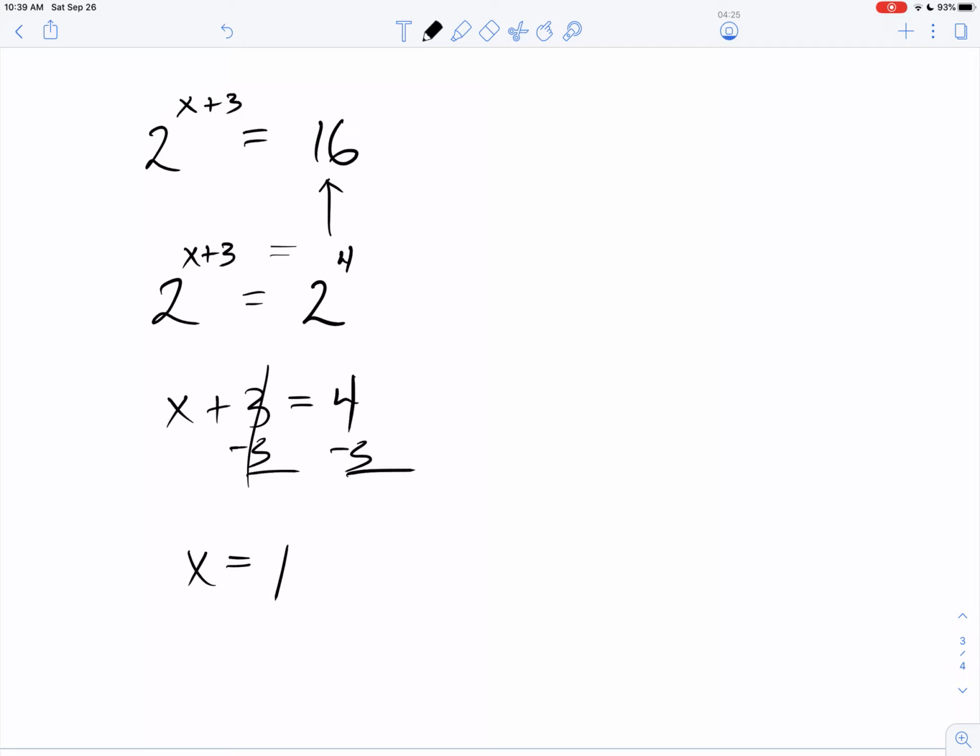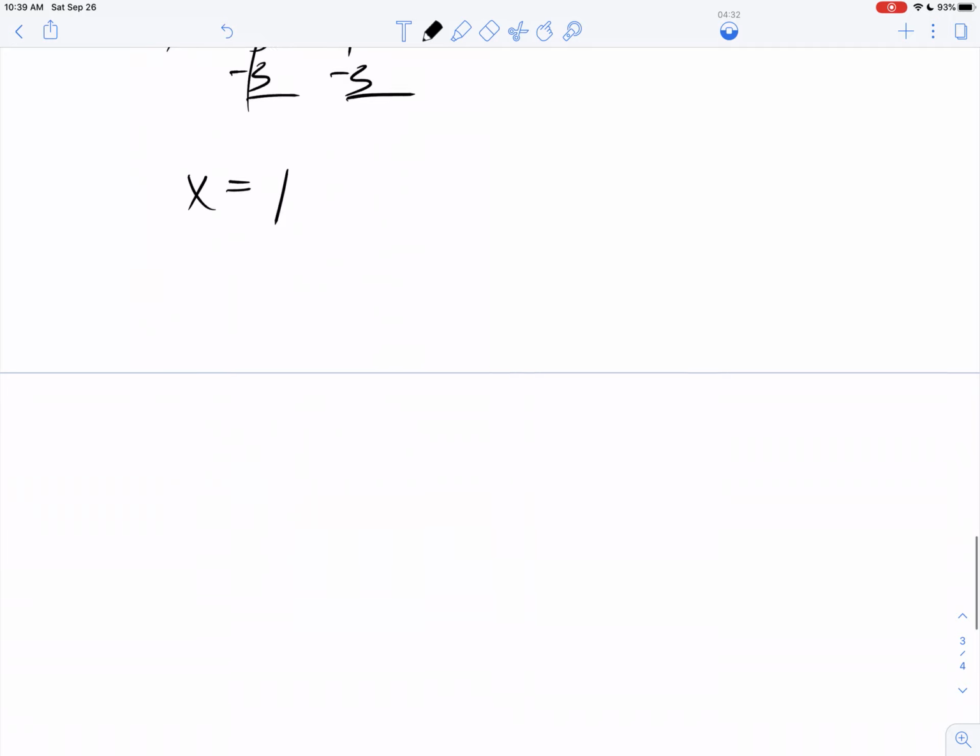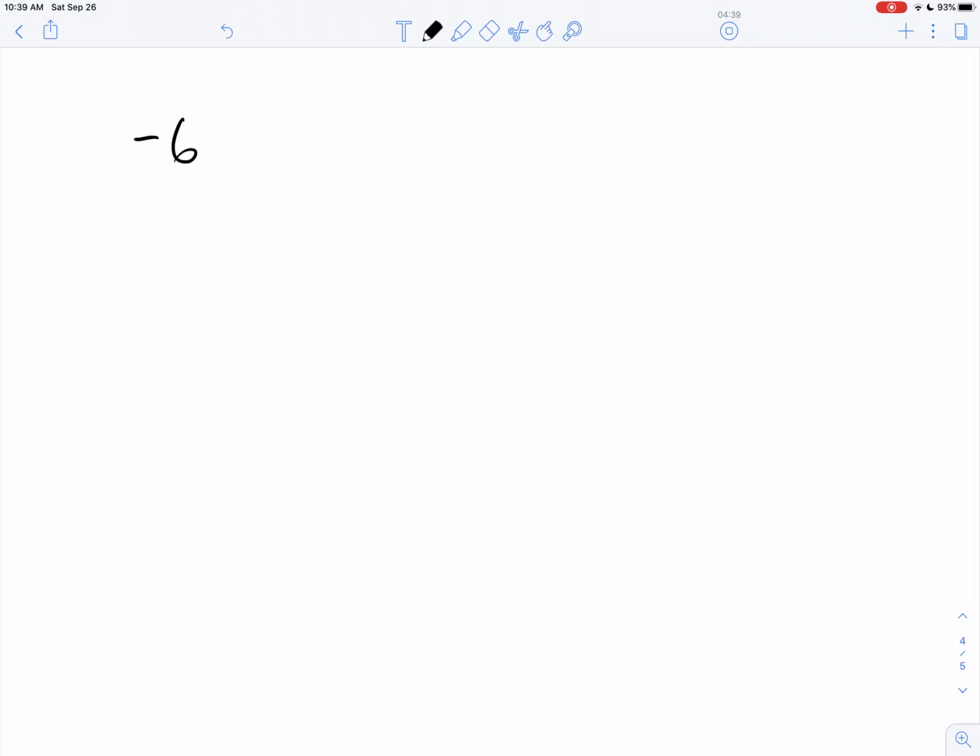So, how do they make these bases match style problems more difficult? Well, they try to throw more junk in the problem. So, for example, let me show you something like this. Now they're trying to make it much more difficult for you to guess the answer.